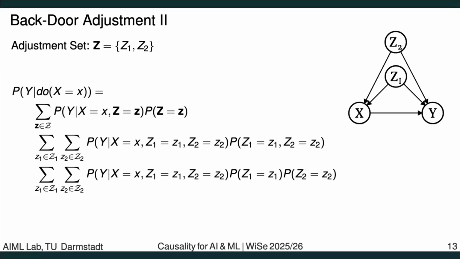So we check none of the variables is a descendant of X. We now have a set of two variables that blocks all the paths from X to Y, and then we simply adjust for both of these variables. So here the one thing, for example, is that this joint distribution, sometimes if there are additional edges, you can't draw it apart, but here they are independent, so that makes the computation a bit easier. But again, nothing really special.